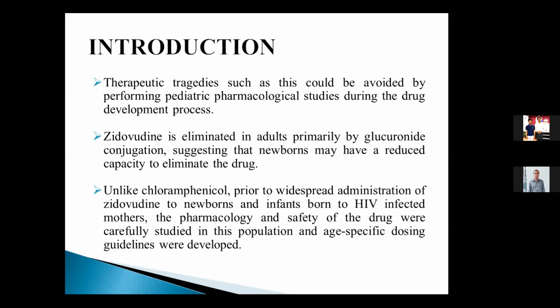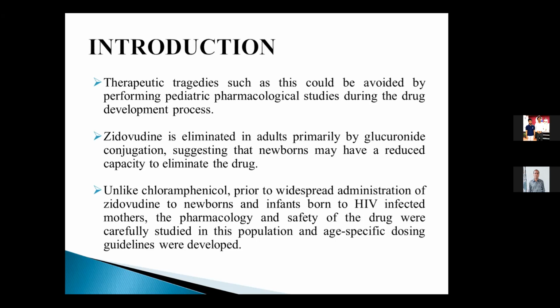Such therapeutic errors could be avoided by performing pediatric pharmacological studies during drug development. Zidovudine is eliminated in adults primarily by glucuronide conjugation, suggesting that newborns may have reduced capacity to eliminate this drug.